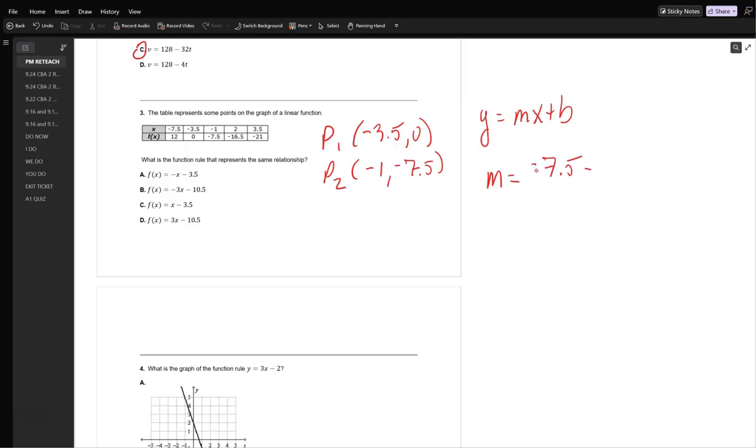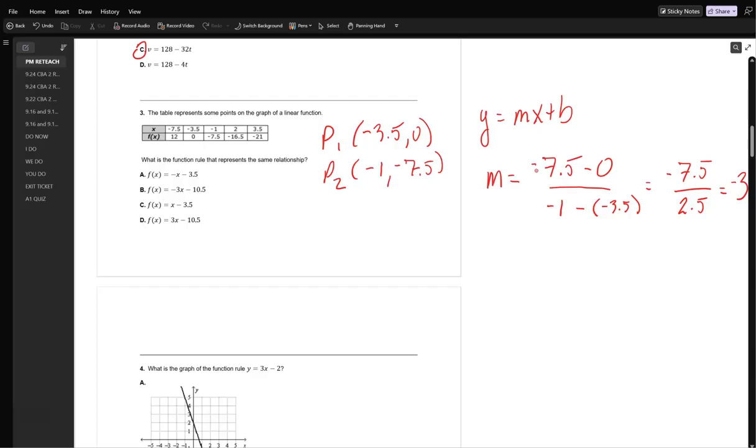y2 minus y1 over x2 minus x1. So we have 2.5, which is -3.